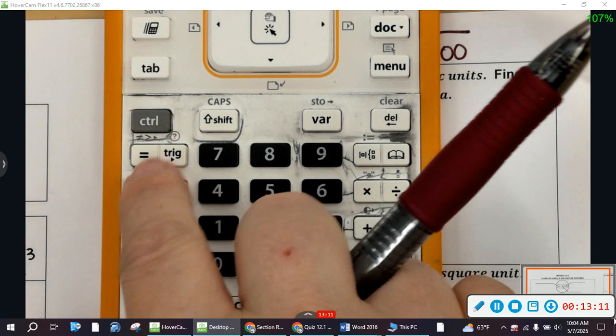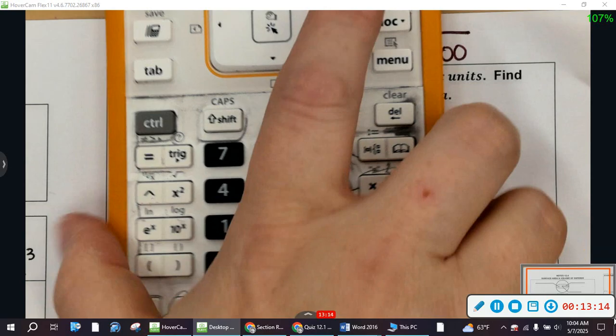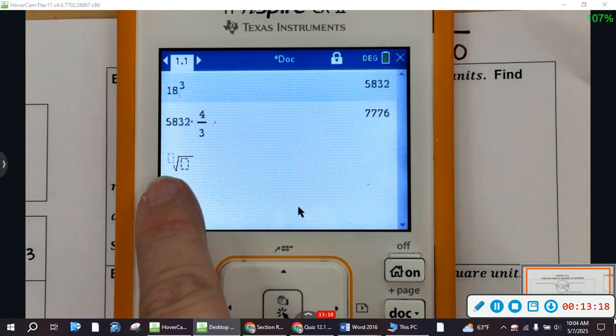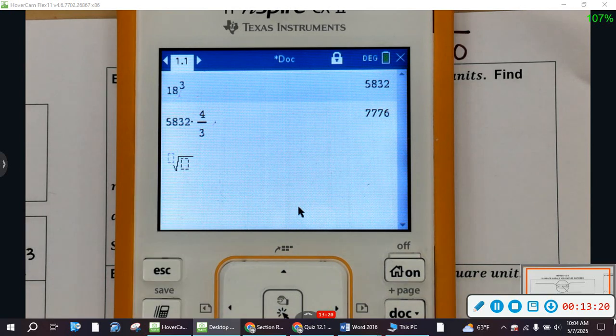So if I hit control caret top, notice it gives me this here. And in that box, that's where I can type in my 3 for a cube root. I do need to arrow out of it so that I go under the root. I want 1,000 and hit enter.